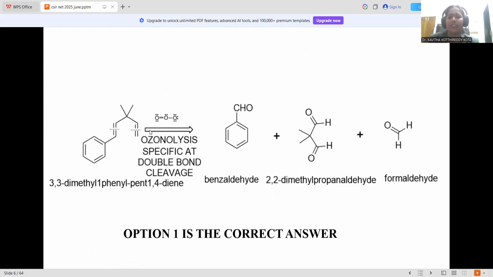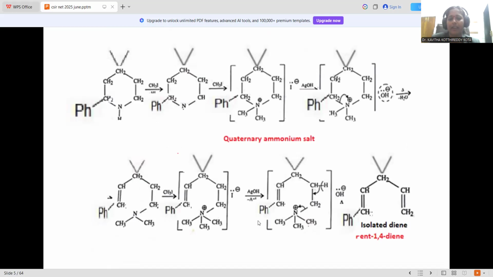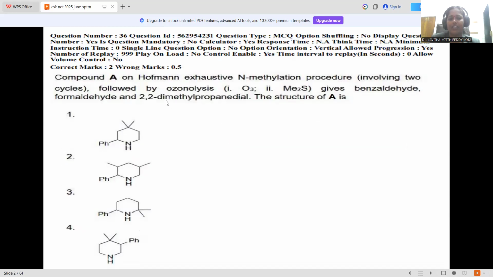Simply break the double bonds in this ozonolysis process, and the carbons go to aldehydes or ketones. So if we get all these products in a similar manner to what is mentioned in the problem: they mentioned benzaldehyde, we got benzaldehyde. Another is dimethyl propanedial, that we also got.